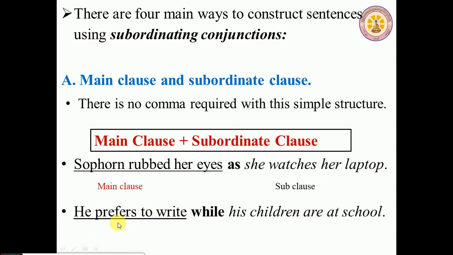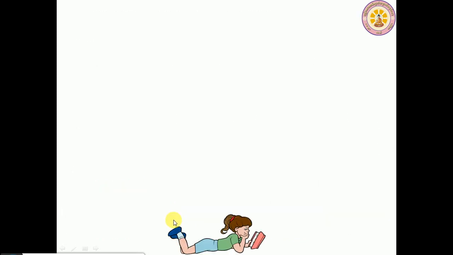One more example: he prefers to write while his children are at school. He prefers to write is the main clause, and while his children are at school is the subclause. So main clause plus subclause without using a comma.